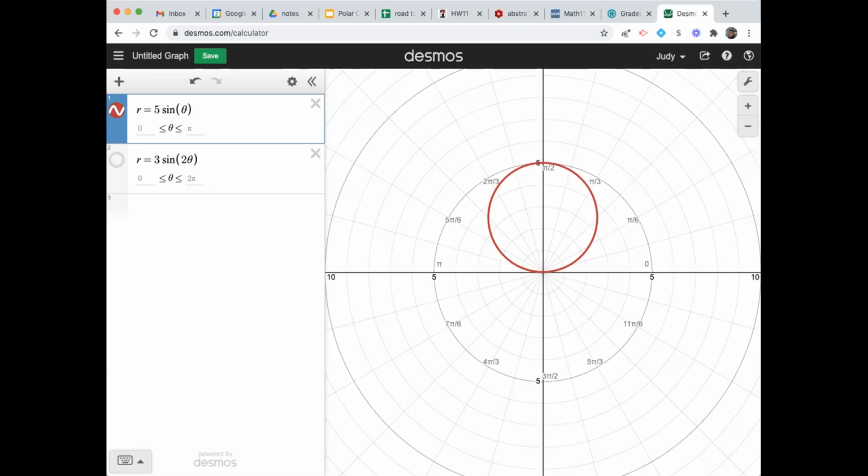Okay, ready? Okay, but here's the thing. You guys are right. There are 6 petals.